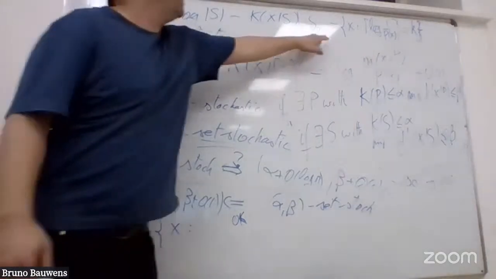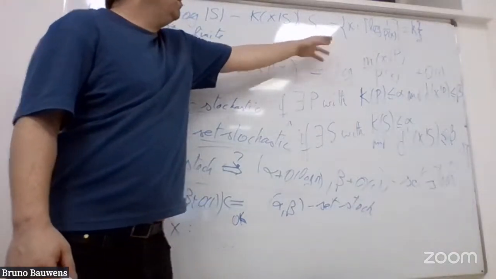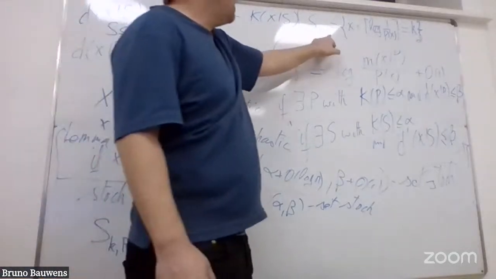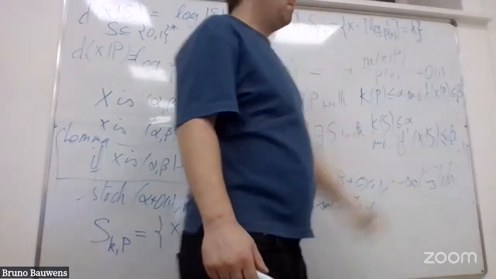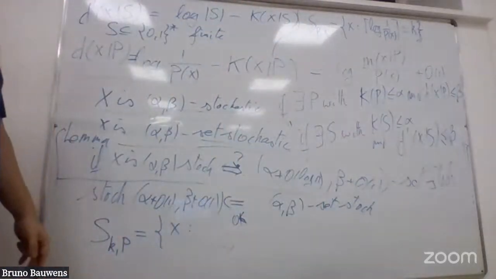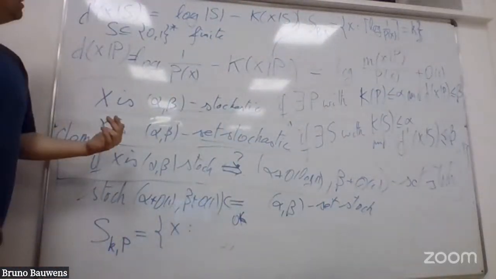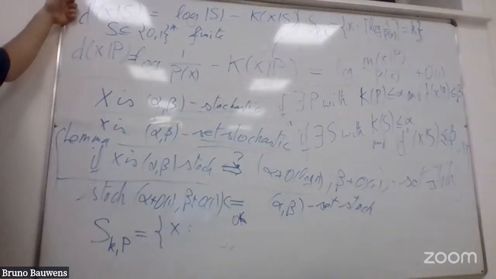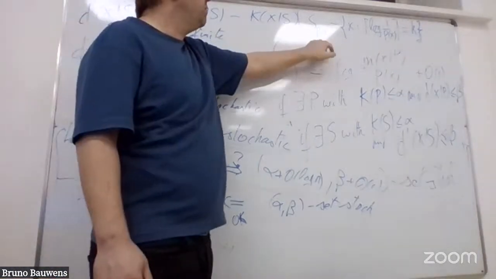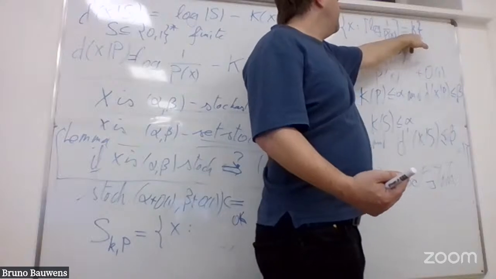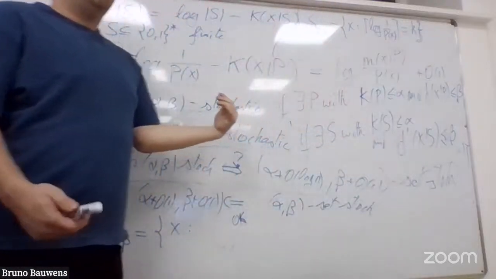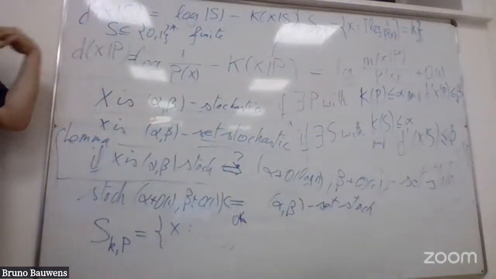So here is the set. We look at all the strings X that have approximately the same probability. Okay, so now we have to check the deficiency. The complexity of S is computed from P and the single number K.